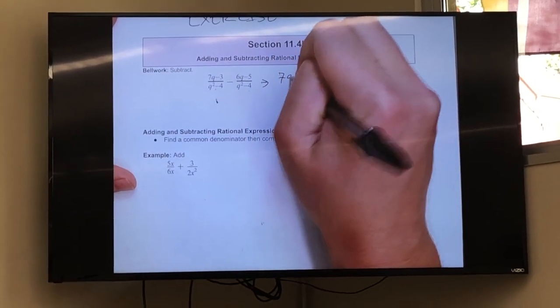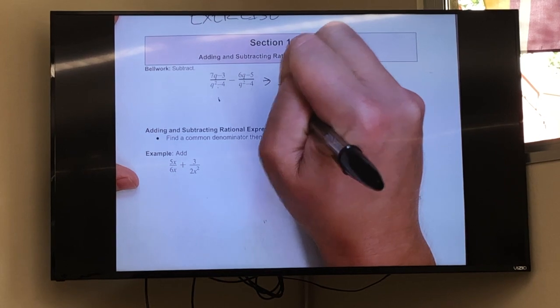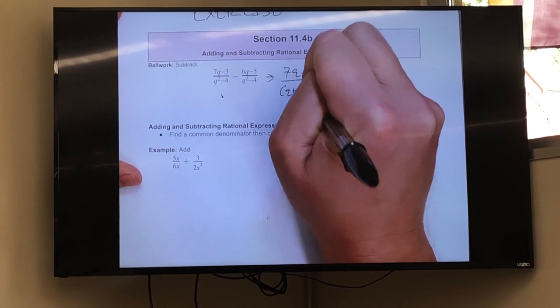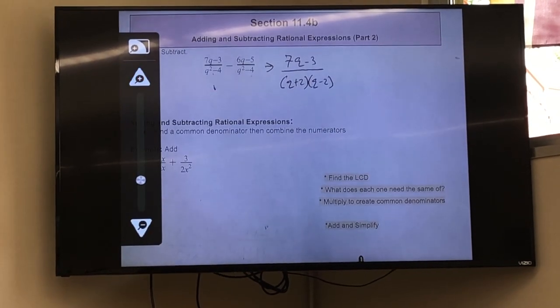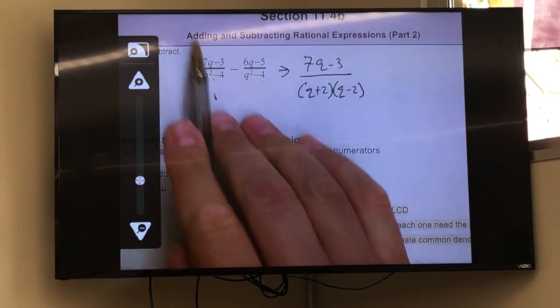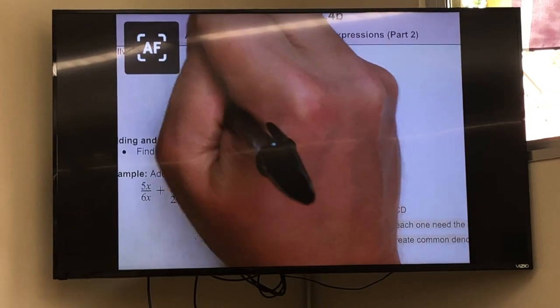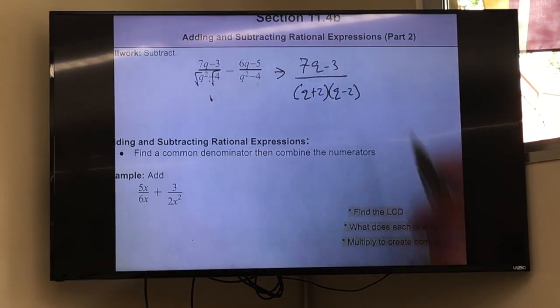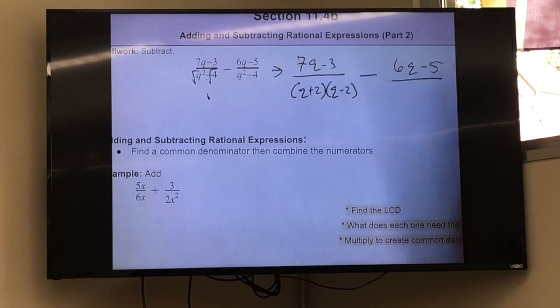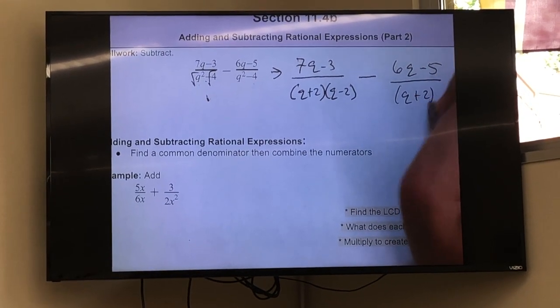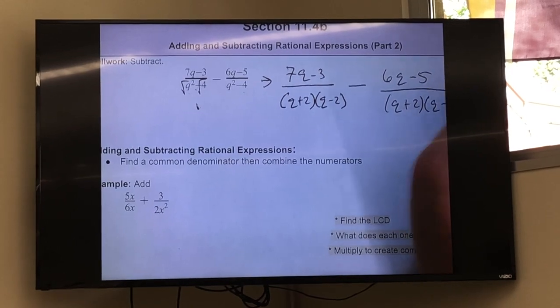So (7q - 3) over (q + 2)(q - 2). Remember, it only has two terms, so this is the difference of squares. I took the square root of both of them. Minus (6q - 5) over (q + 2)(q - 2).